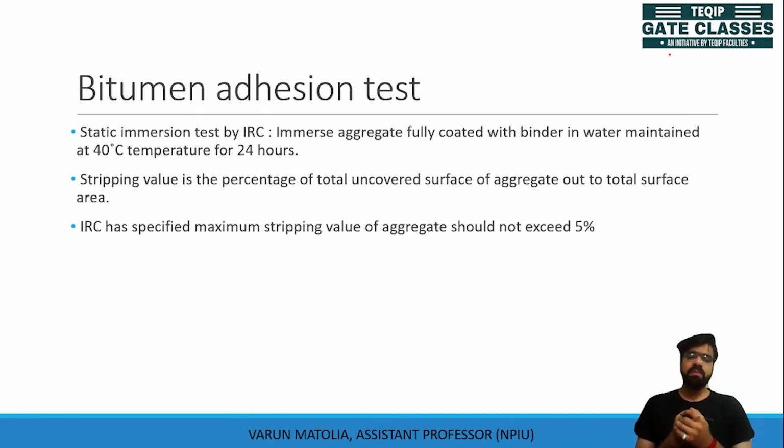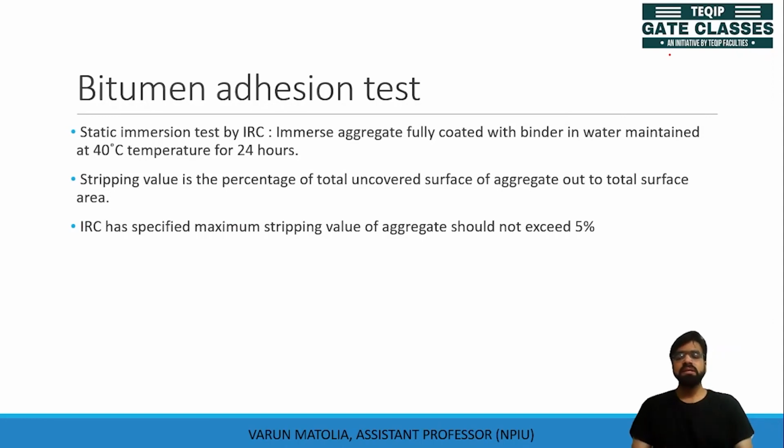For flexible pavement, there should be affinity for bitumen in the aggregates. Aggregate should not be bitumen phobic, because if bitumen does not cover the aggregate properly, there will not be proper binding.